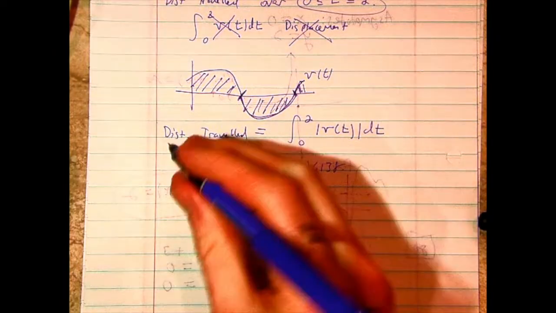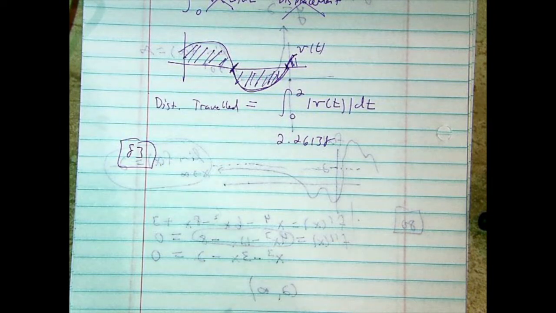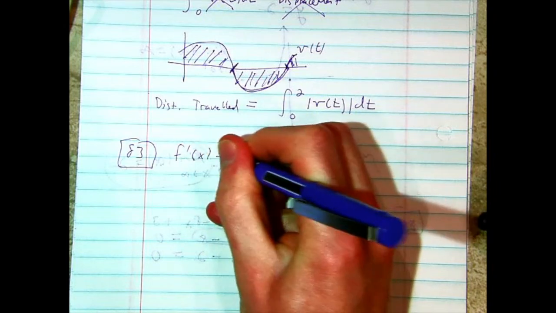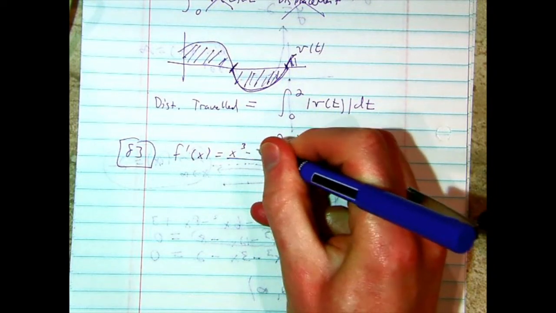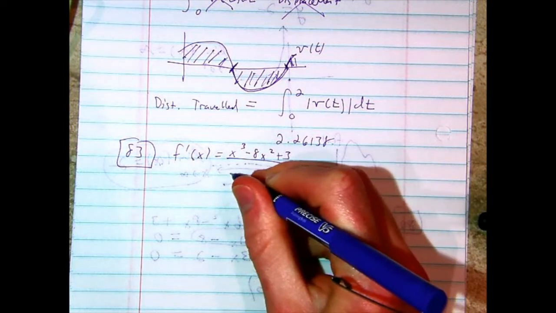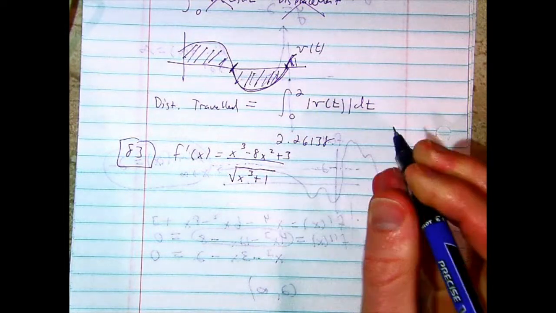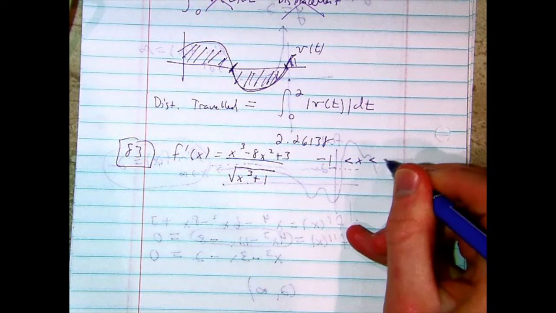All right, let's have a look at 83. 83 says there's a function and its derivative is given by f prime equals x to the third minus 8x squared plus 3, all over the square root of x to the third plus 1, over the interval negative 1 less than x less than 9.